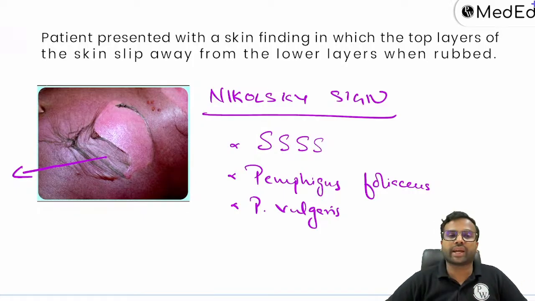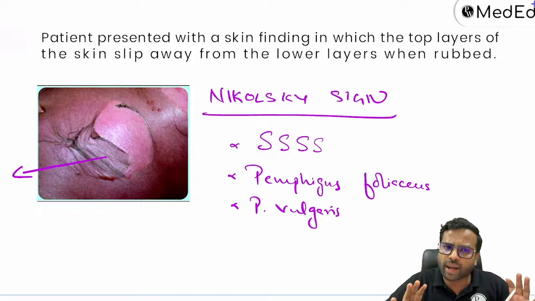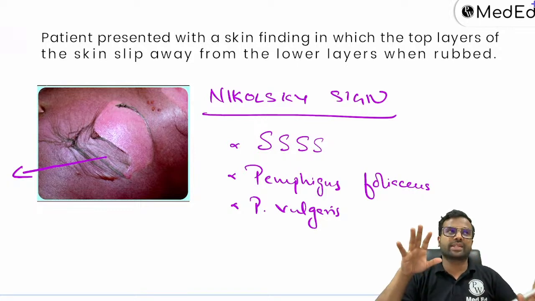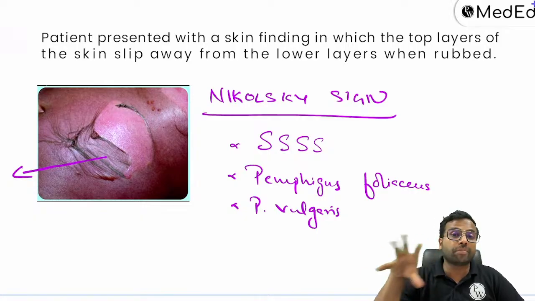Now, initially, when I gave you this option, you also told me that you can see it in toxic epidermal necrolysis, right? You are absolutely right, because when we apply a tangential pressure over the skin, it peels off.